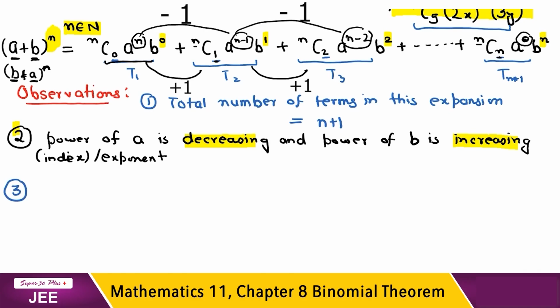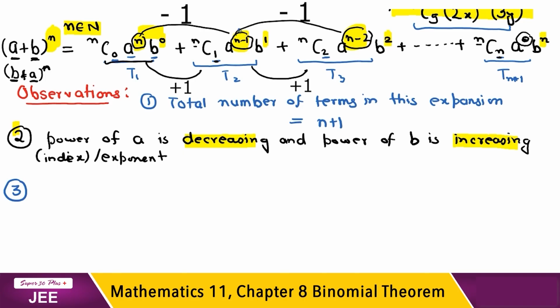You can also observe that if I add up the powers of A and B in the first term, we have n plus 0, which gives us n. In the second term, the power of A is n minus 1 and the power of B is 1. I am asking you to add the exponents of the variables in each term. So n minus 1 plus 1 will give us what? n again. n minus 2 plus 2 will give us n again.